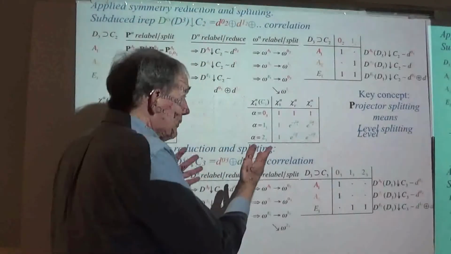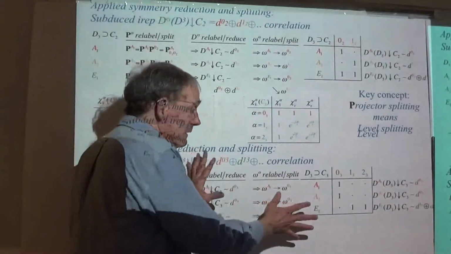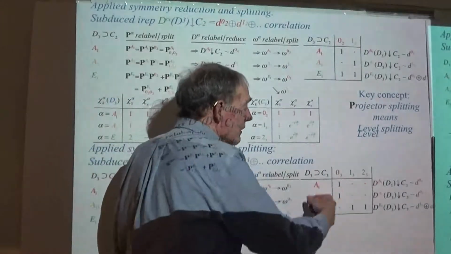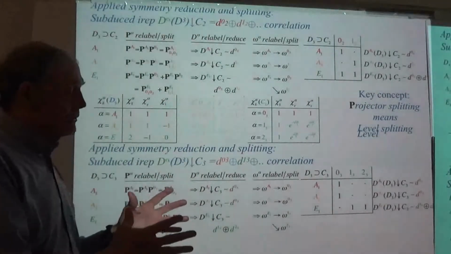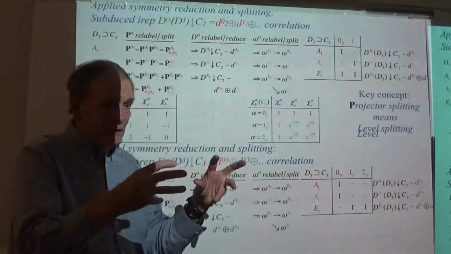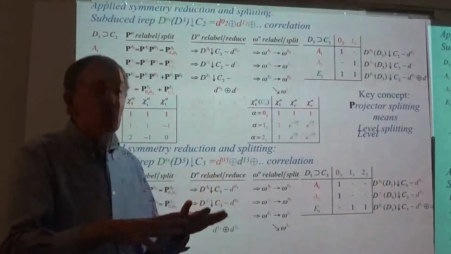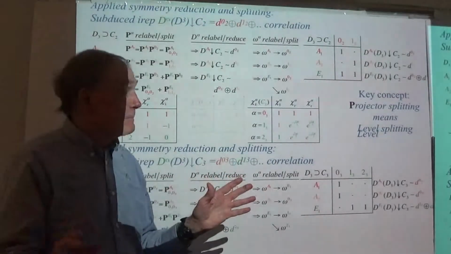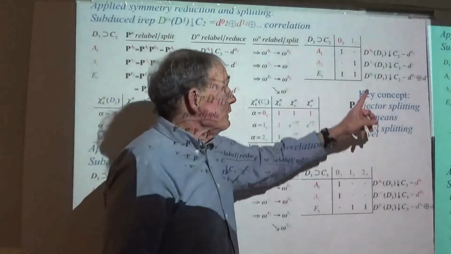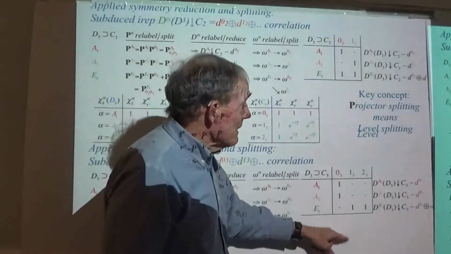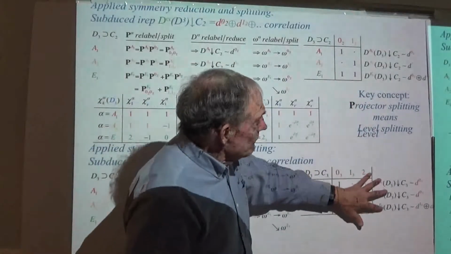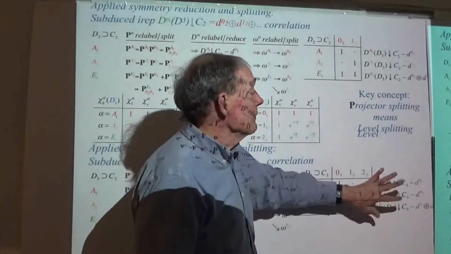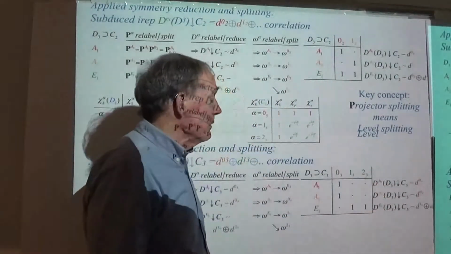This kind of symmetry breaking that we've just been diagramming with this table read this way is applied symmetry breaking. This is where you come in and you put some fields on the system that breaks the symmetry. That's what most people think of as symmetry breaking.